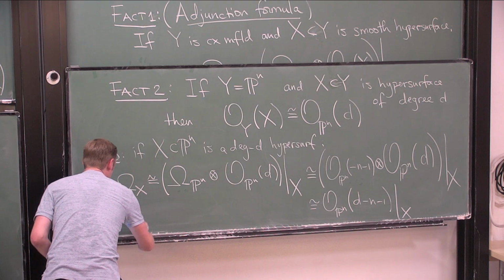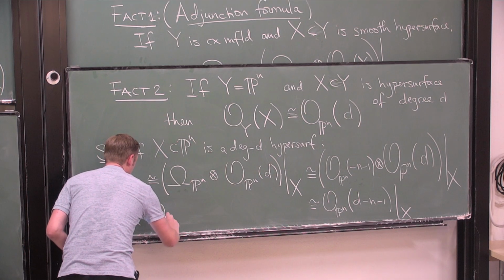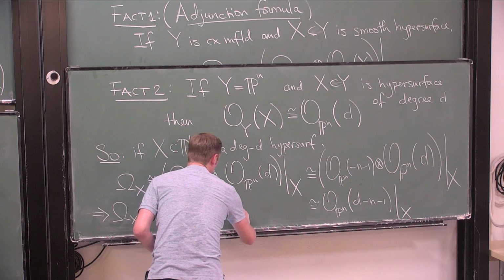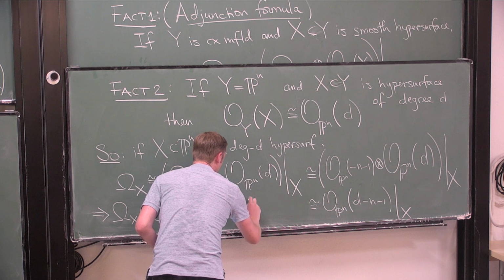So omega X is trivial if and only if d equals n plus 1.